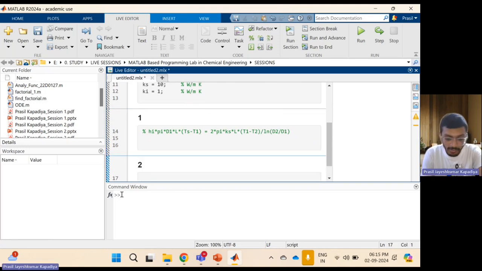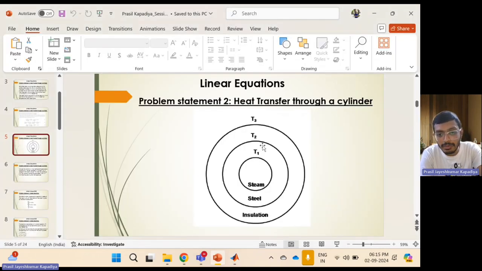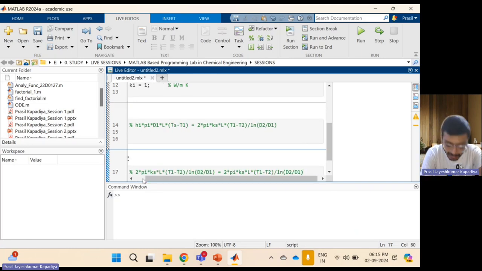So see, section 2 I have created. So I will be writing my second equation. So second equation is from T1 to T2 conduction is equal to T2 to T3 conduction. So this equation from T1 to T2 is equal to, okay, I should put comment sign, equal to T2 to T3, correct?